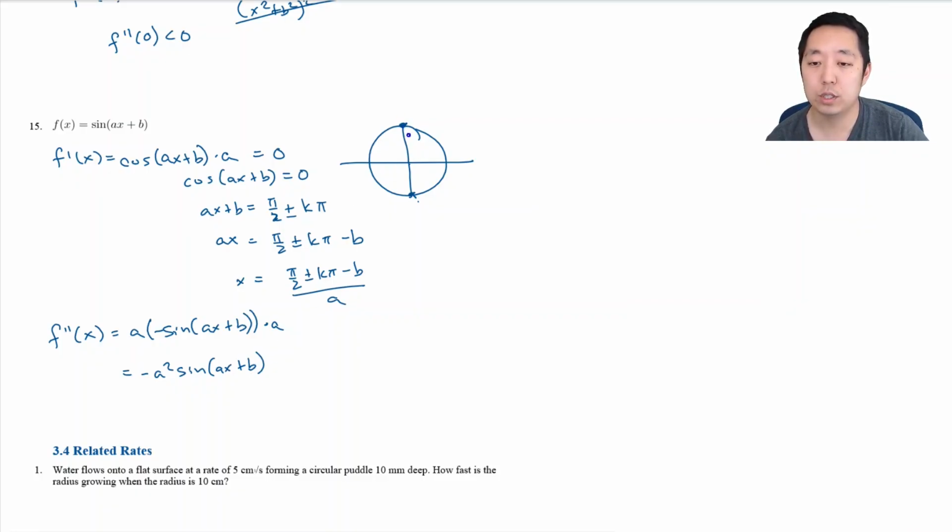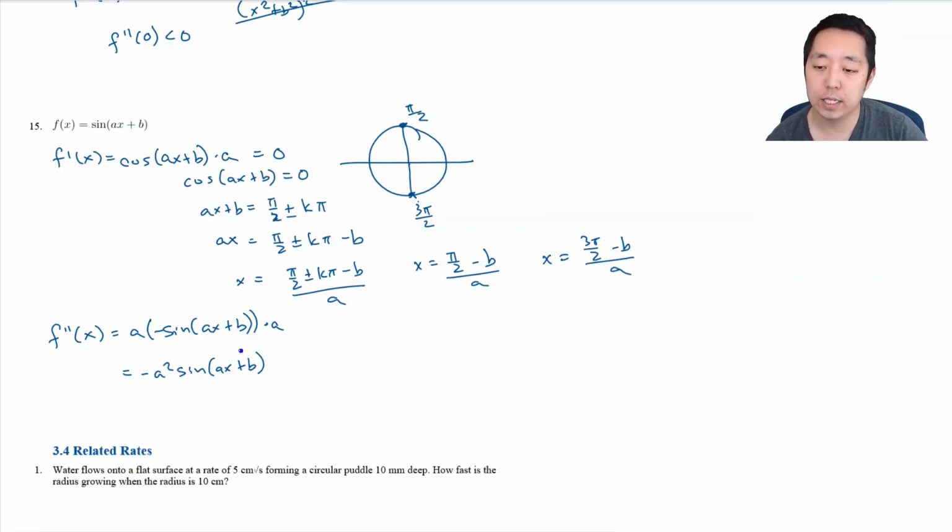So let's just do pi over 2 and 3 pi over 2 for the sake of simplicity. The actual value of x is going to be pi over 2 minus b over a, and it's also going to be x equal to 3 pi over 2 minus b over a.